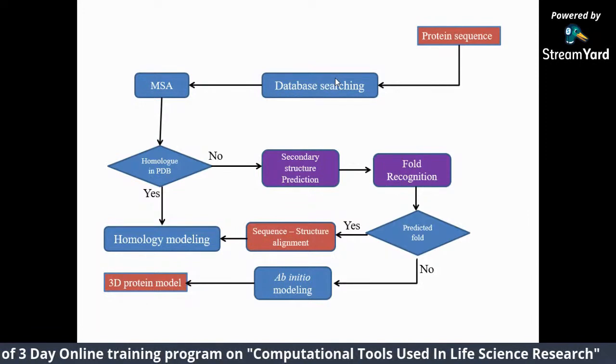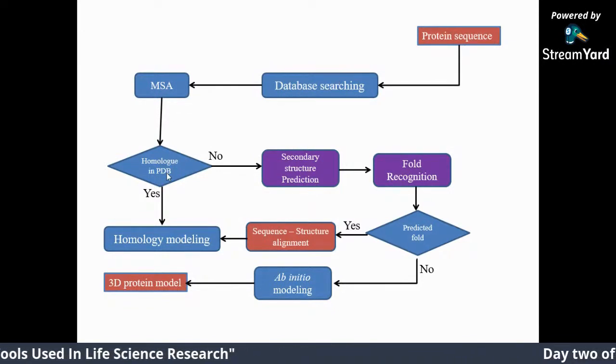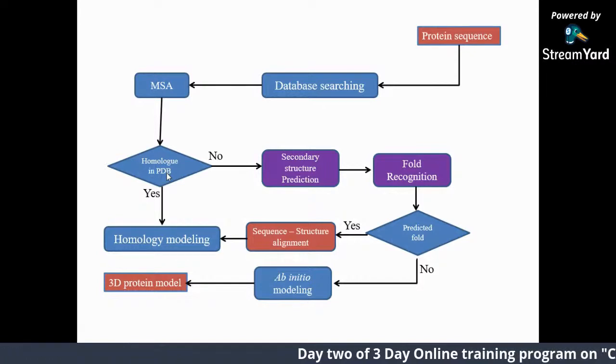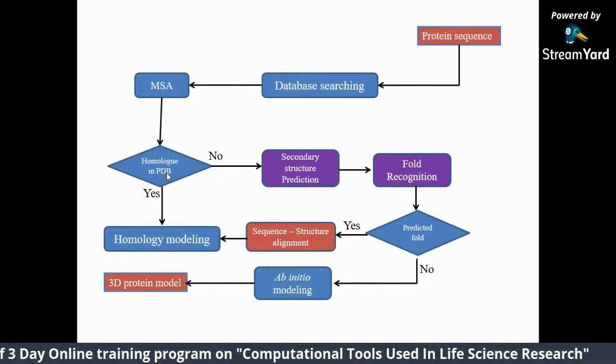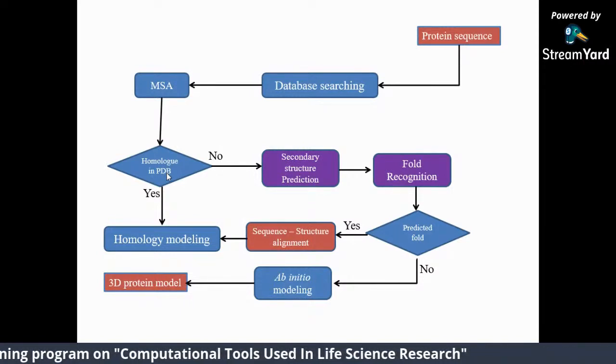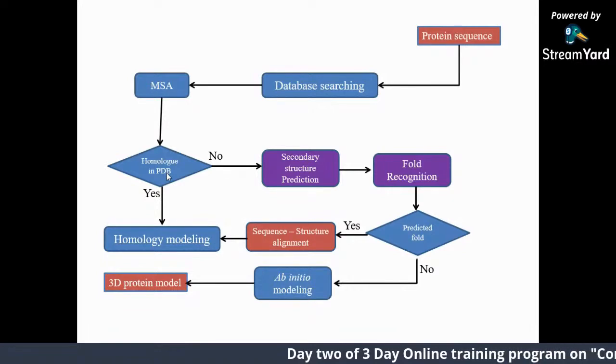After that, we need to identify a homolog in the Protein Data Bank, where we get a similarity between our target protein sequence and the existing protein structure stored in a database, that is PDB or some other database.